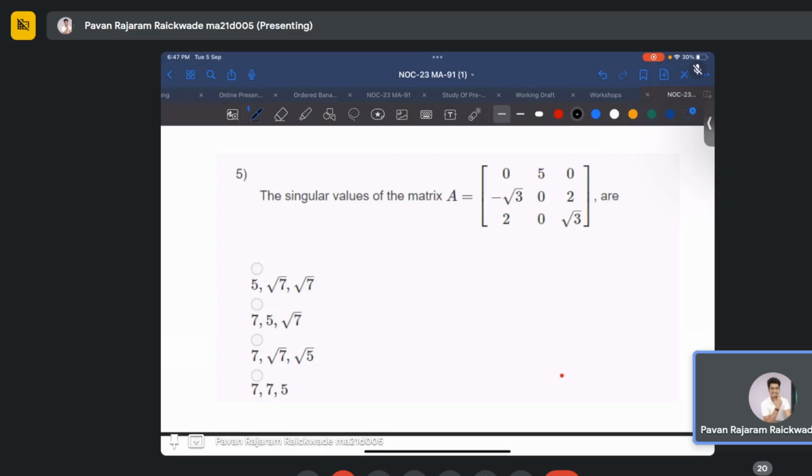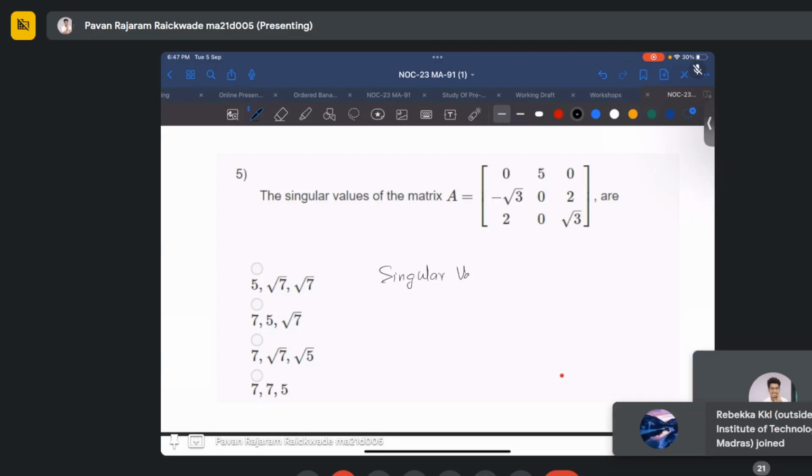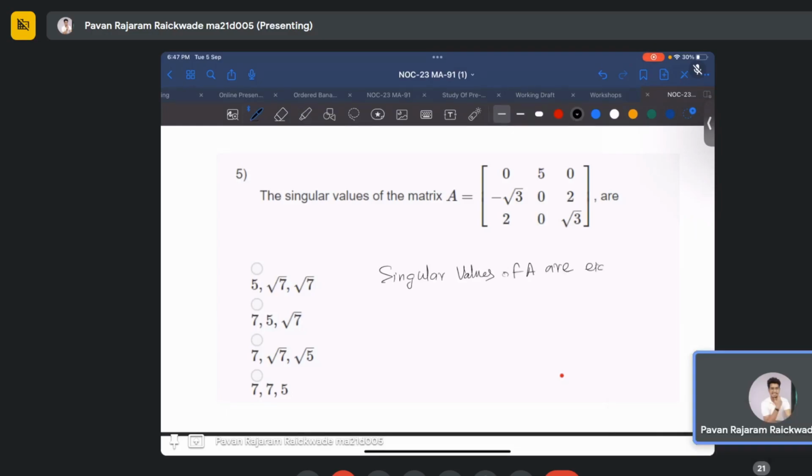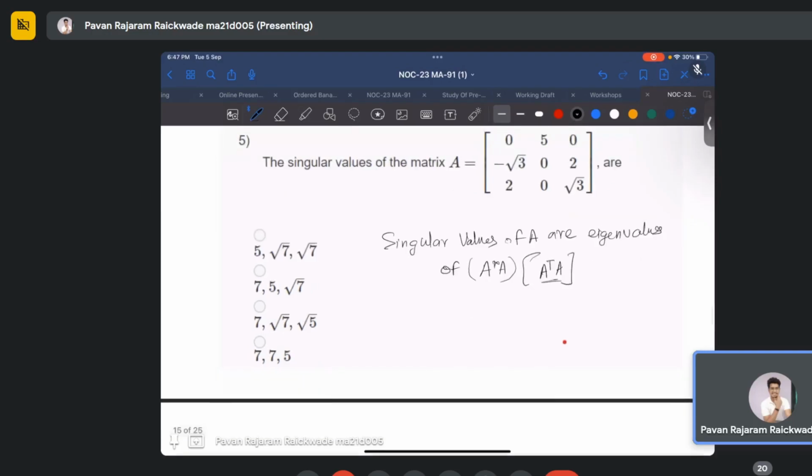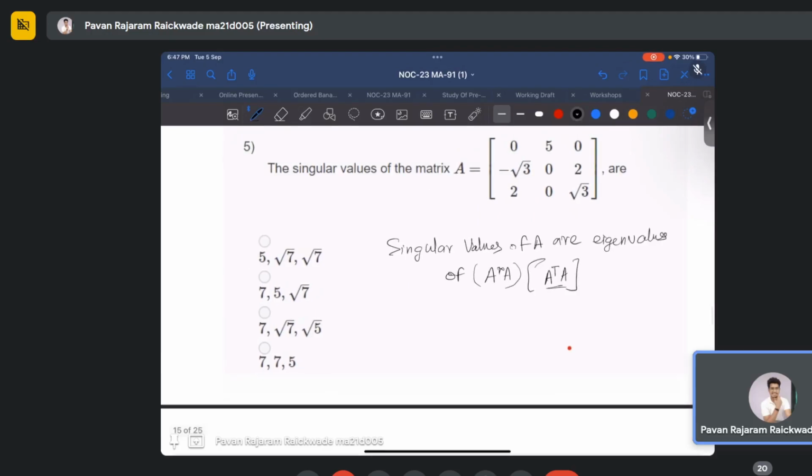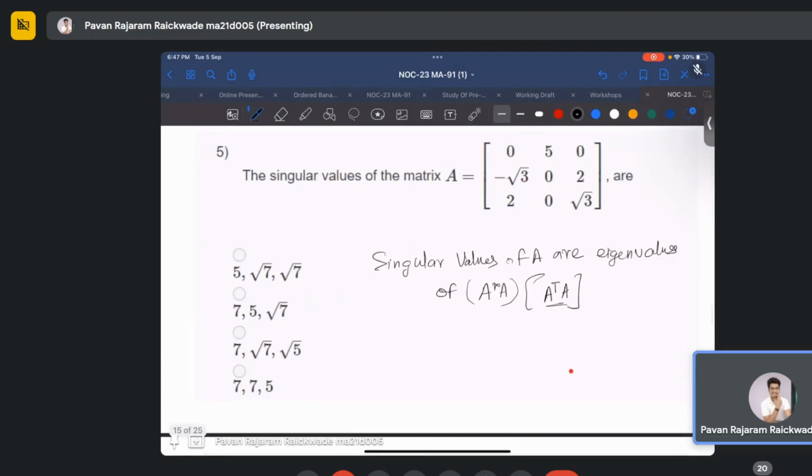Eigenvalues, you're partially right, but of what matrix? Singular values of A are basically the eigenvalues of the matrix A star A, or in the real case A transpose A. So for finding the singular values of the matrix A, you just have to find the eigenvalues of A star A. So let's do the computations.